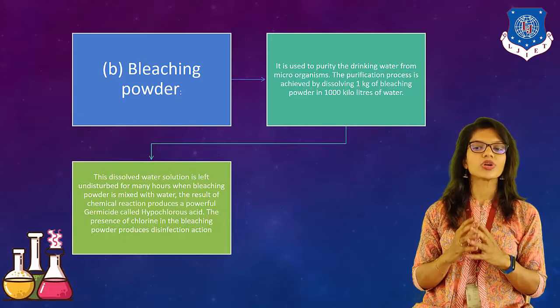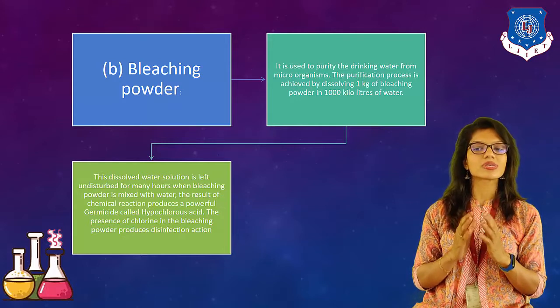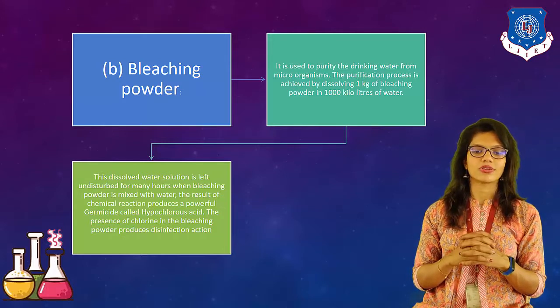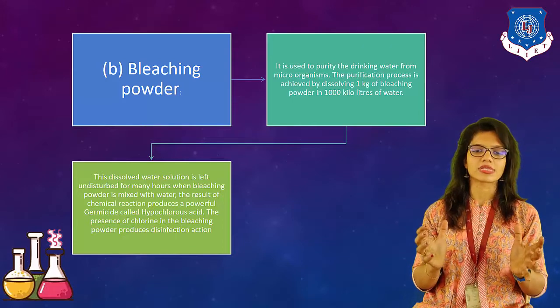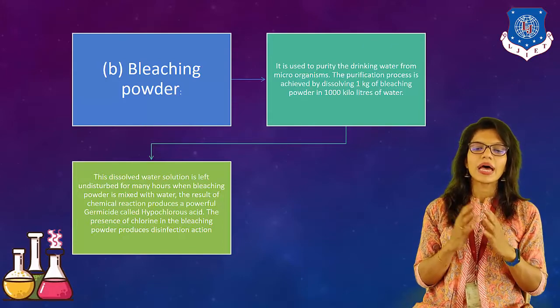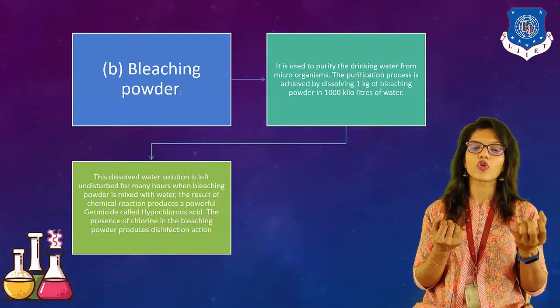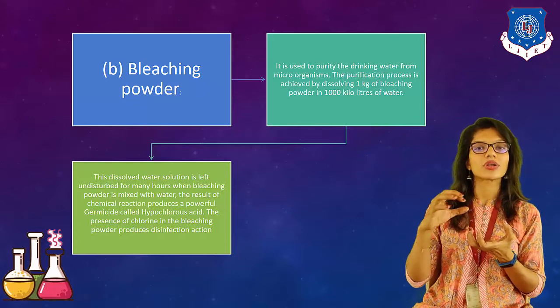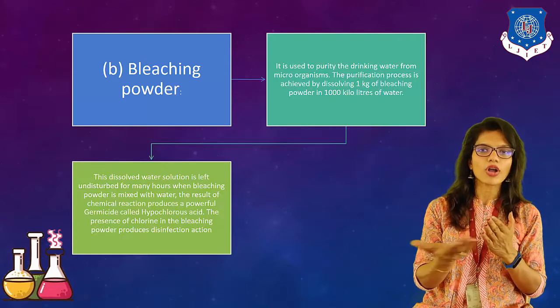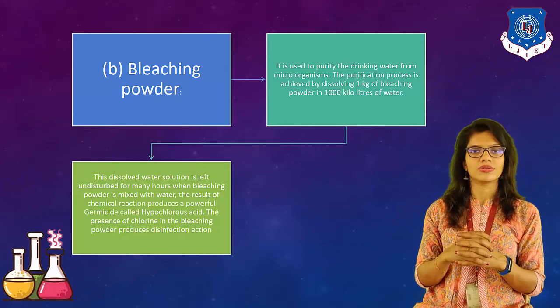So what we need to do is dissolve 1 kg of bleaching powder in 1000 kiloliters of water. This dissolved water is left undisturbed for many hours. What will happen? As the result of a chemical reaction, the powerful germicide called hypochlorous acid forms, and the disinfection of the water will be done. And at the bottom, all the dead bacteria are captured.